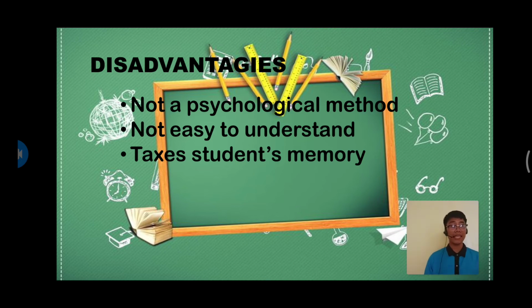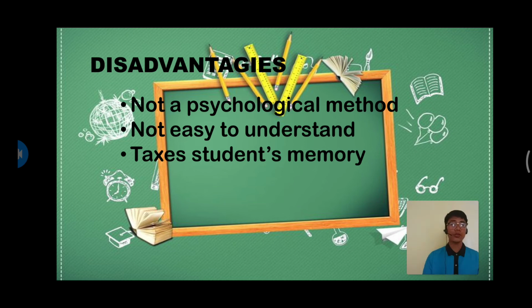Next is it taxes students' memory. The students, when they are learning in a deductive approach, need to have a very good memory. Because if they lack memory, or they can't remember the concept, they would have a hard time applying the concept to different kinds of examples.